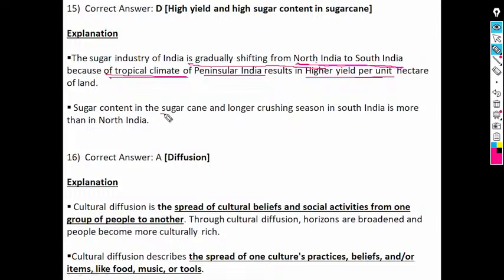The sugar content in the sugar cane and a longer crushing season in South India is more than in North India.